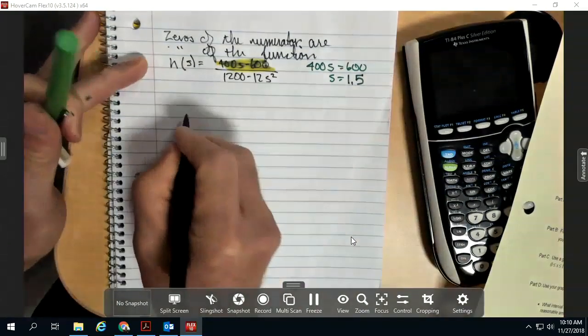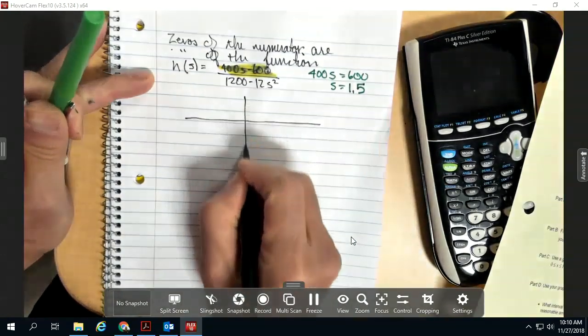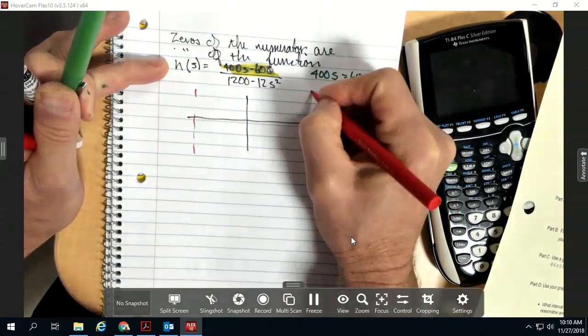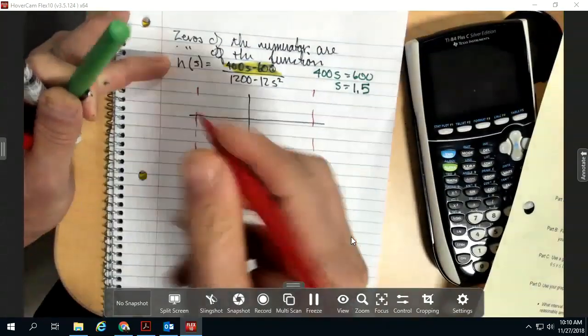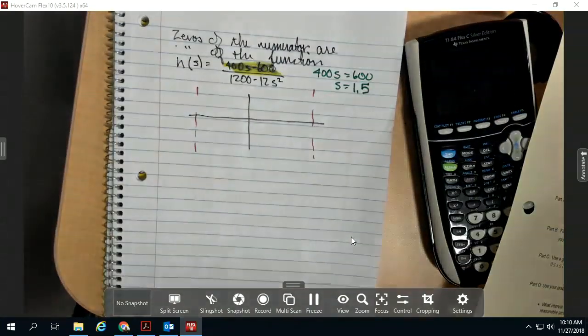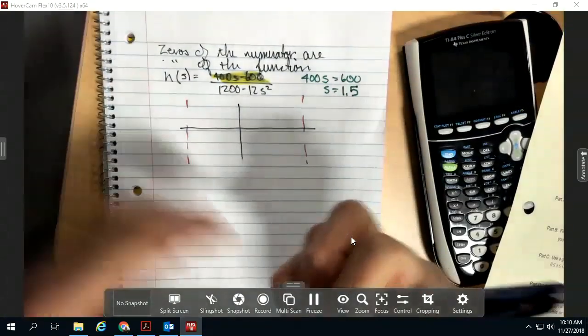Okay, so we take our graph that we started. We had an asymptote at negative 10. We have an asymptote at positive 10. And now it says we've got a 0 at 1.5.